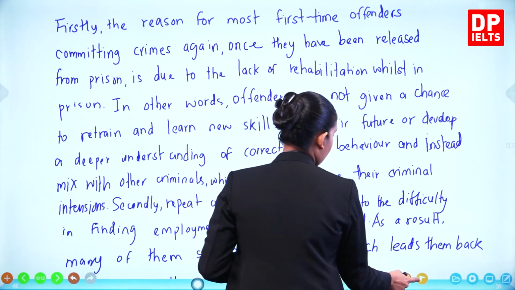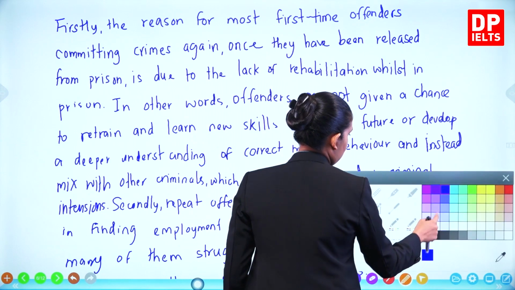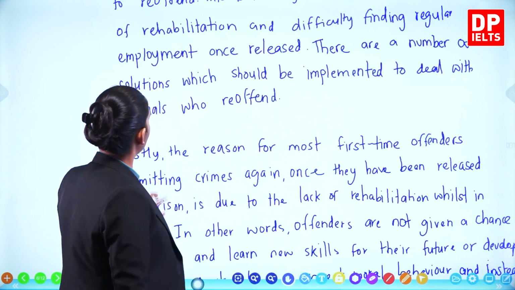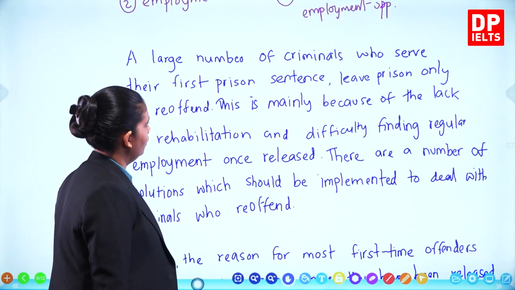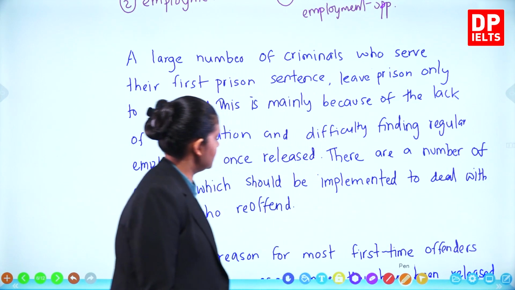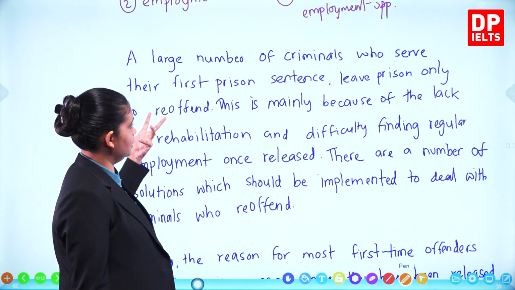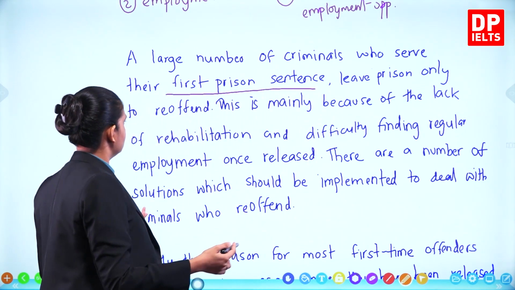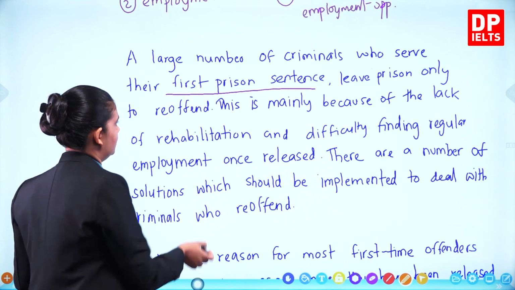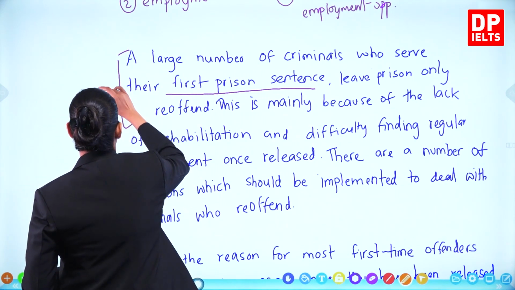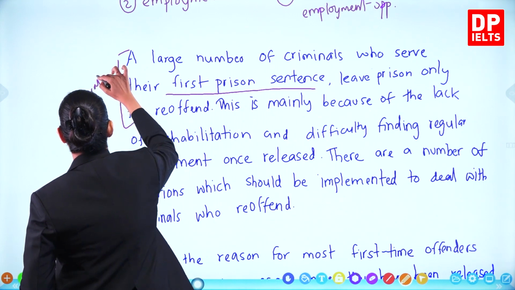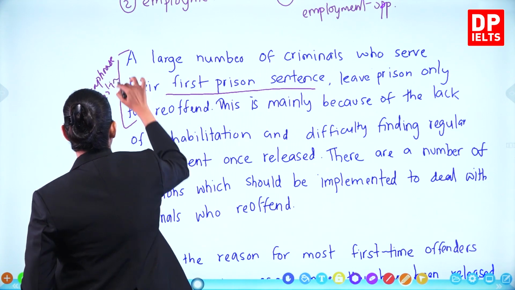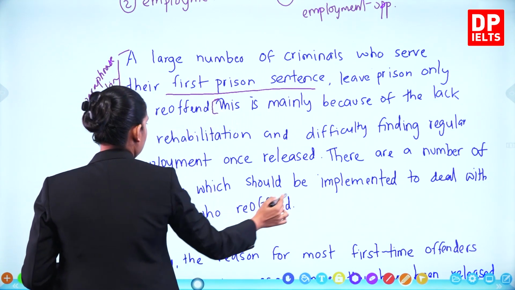So let us have a look at what is here on the board. Now here we have the introduction, okay, where the question has been paraphrased. A large number of criminals who serve their first prison sentence, okay, leave the prison to kind of re-offend. So this is your paraphrased question. So this is you answering the question.